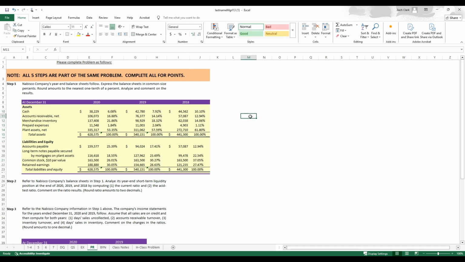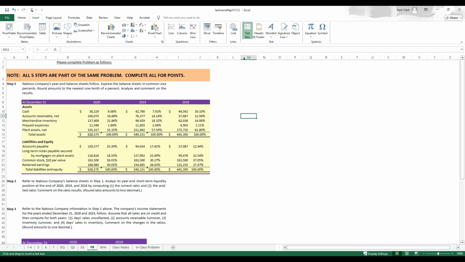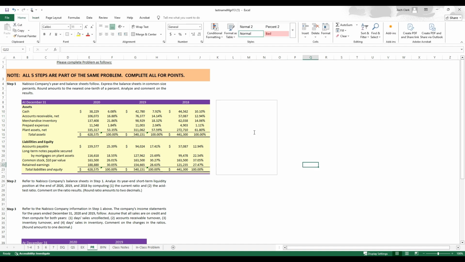So comment on the results. So let's insert a text box here. Okay, and now in order to analyze the results, let's just take a quick look through. So we can see that cash as a percent of assets has decreased. Accounts receivable is on the rise.